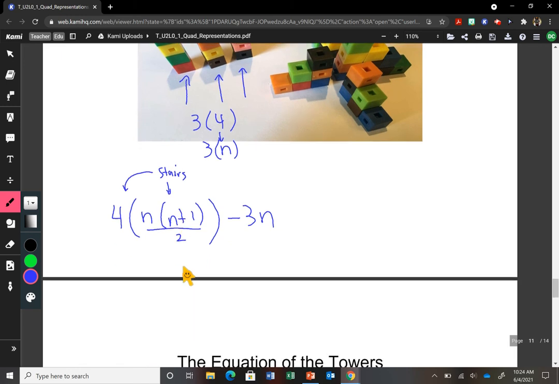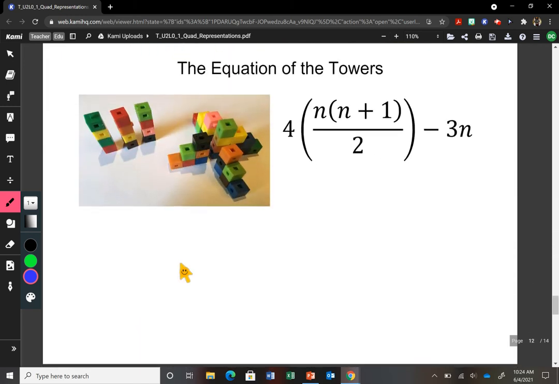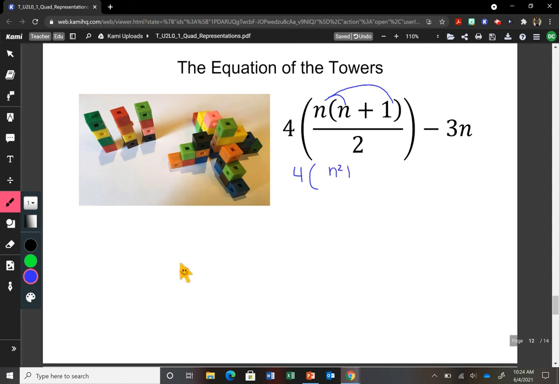Okay, and then I can simplify this. So I can distribute my n. So I have 4 times n squared plus n divided by 2 minus 3n. Then here I can cross cancel. 4 divided by 2 is 2. 2 divided by 2 is 1.